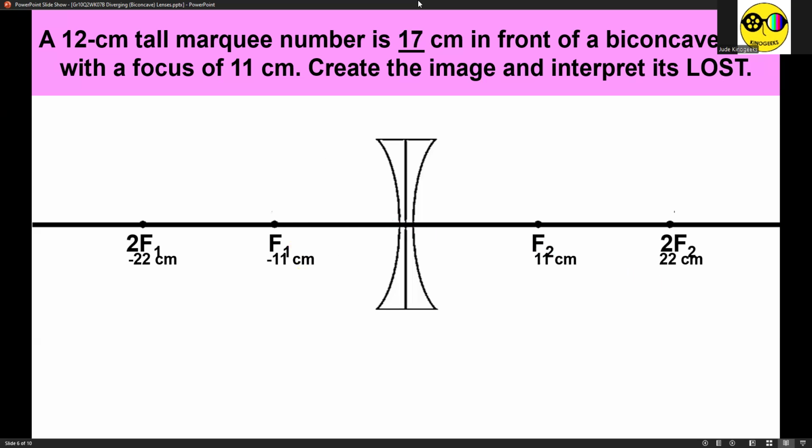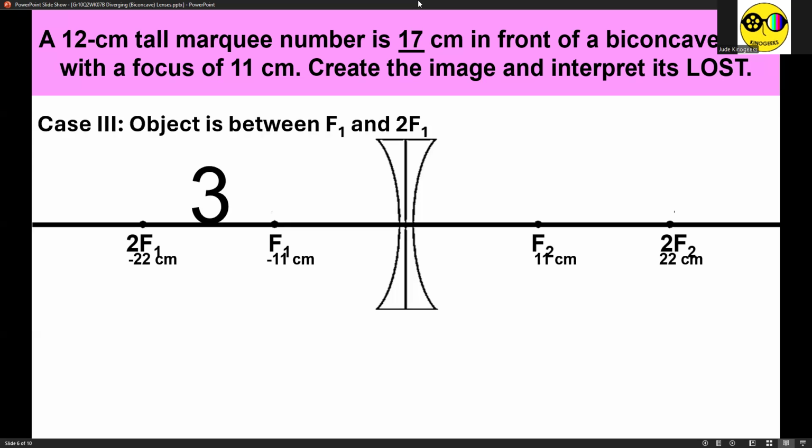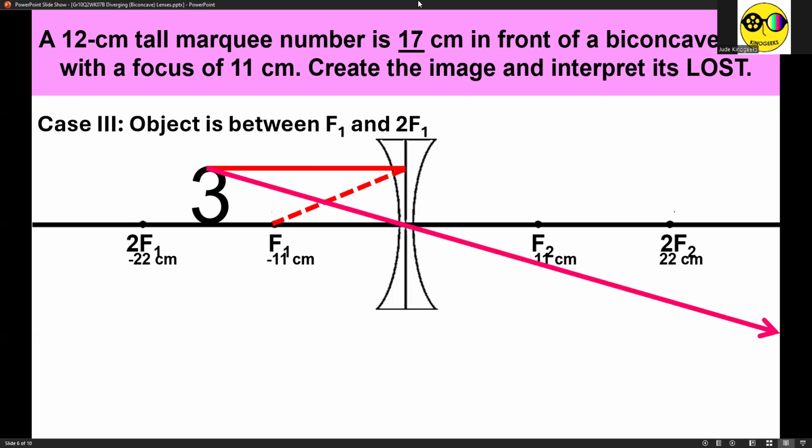Now, for case number three, the marquee number is 17 centimeters in front of the lens. So we will place our third object between F1 and 2F1. And by performing the ray diagram, once again, our third image is formed between the lens and F1.